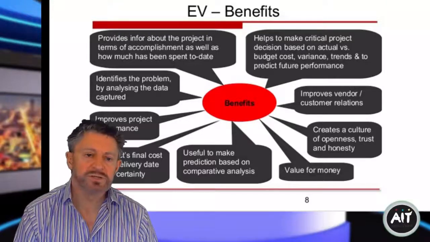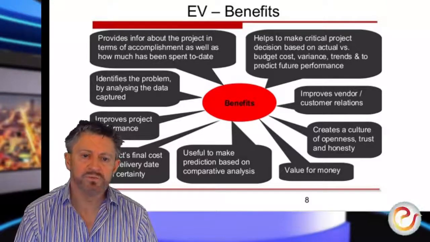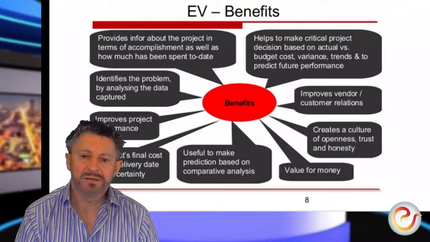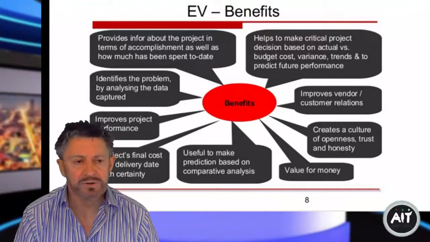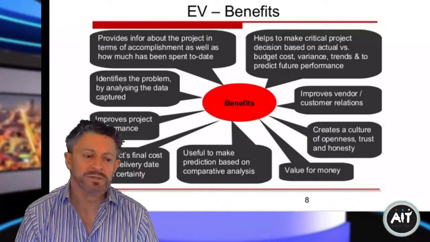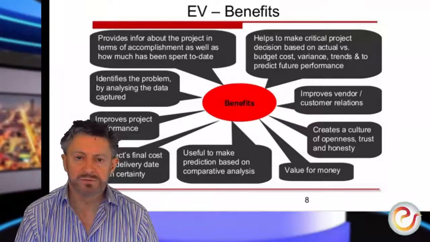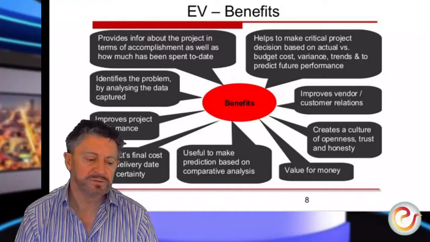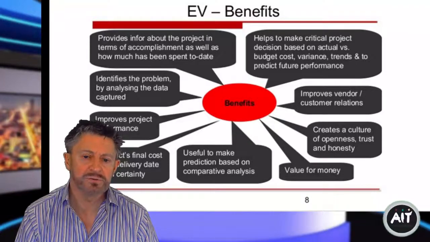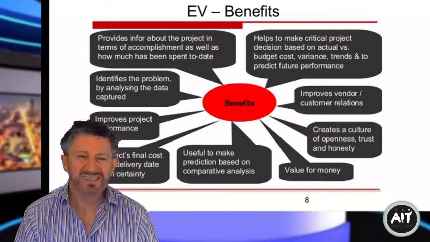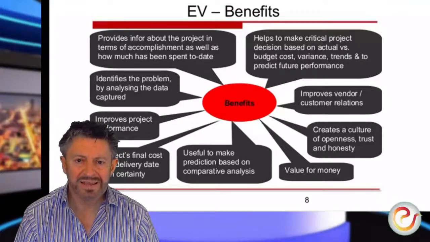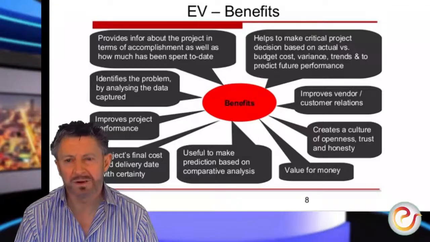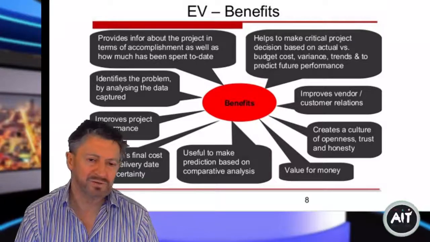It also improves vendor customer relationships, of course, because we don't want to turn around, for example, if you plan to offer this cloud-based system to a company and you say 15,000 euros, and then you come back at the end of the project and you say, well, actually, it's now costing 18,000 because we forgot about this and we should have used that and we didn't do that.